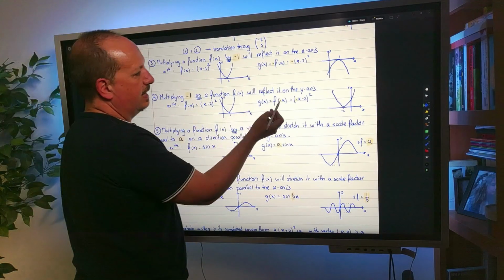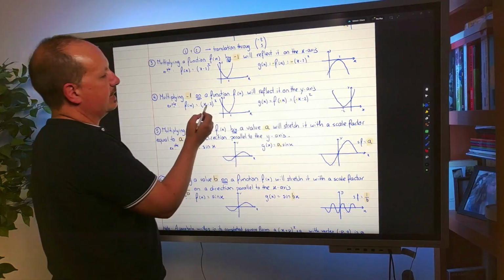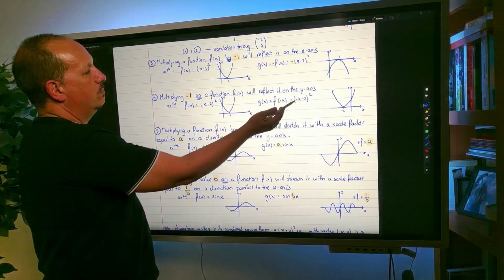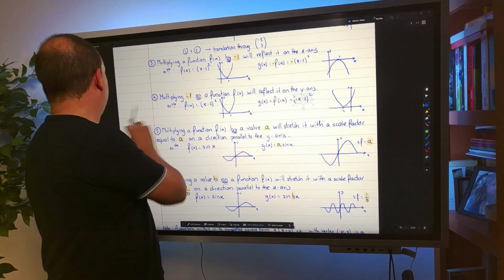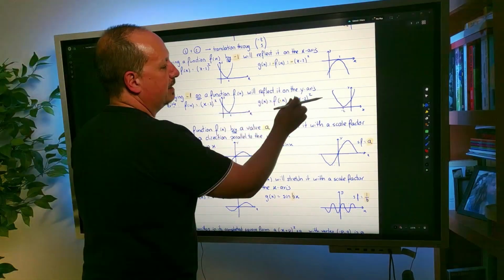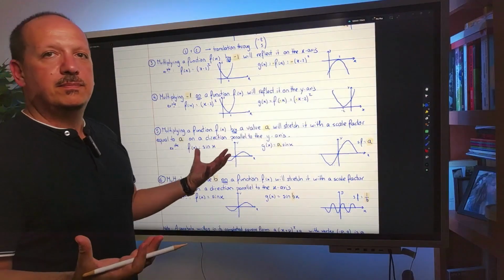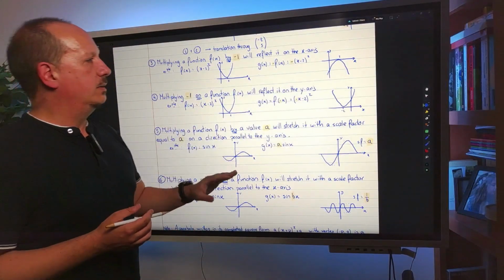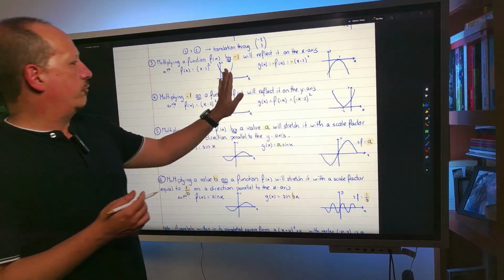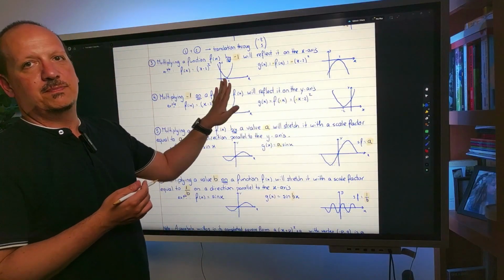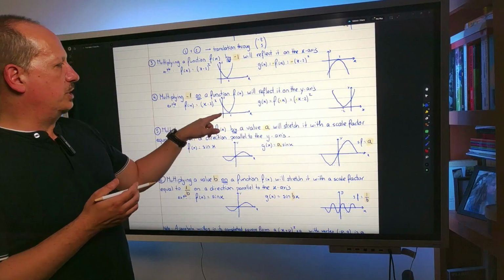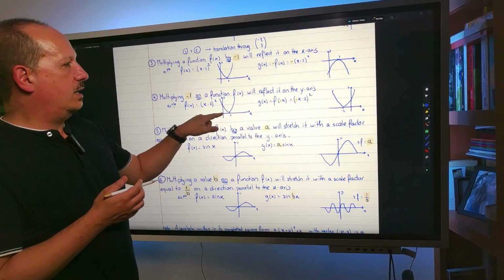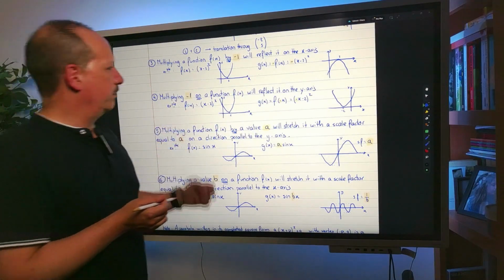So in this case, it will be minus x minus 2. The minus is going to be there, minusing just the x, not the whole thing, all right? It's just the x that is being minused. And this is going to do what? It's going to reflect it on the y-axis. So the vertex, which in this case was 0, 2, becomes 0, minus 2.